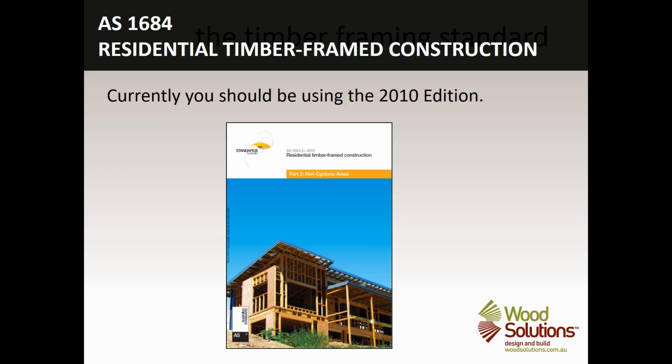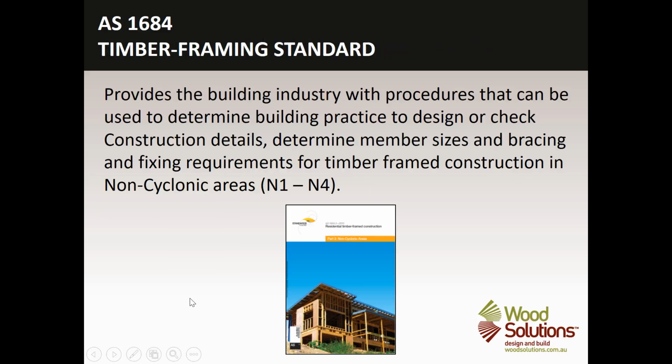By and large, any of the timber framing you are going to design is going to be in accordance with this Australian standard. So, Australian Standard 1684, and you should be using the current 2010 edition. So that's our current edition there. But that timber framing code has its limitations.